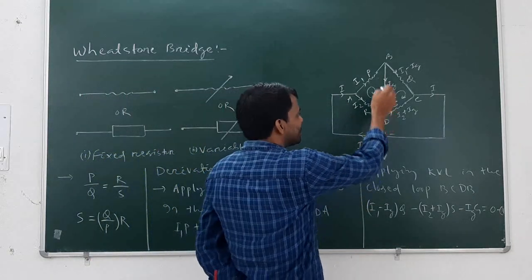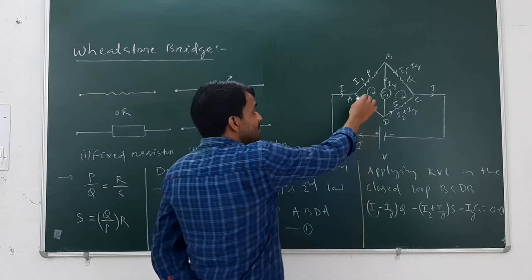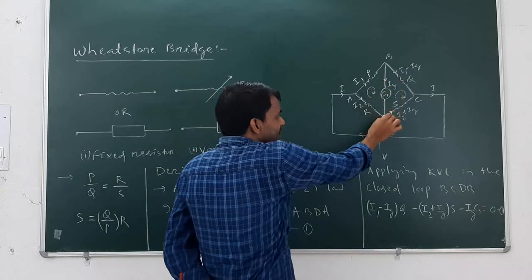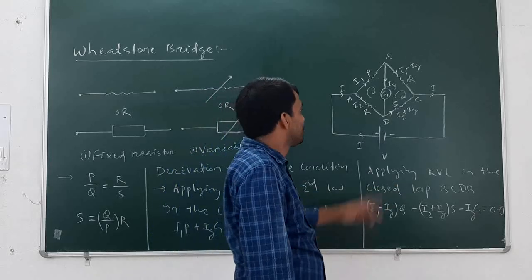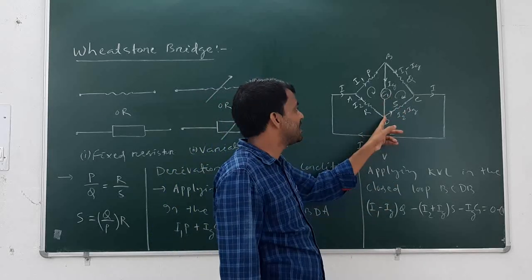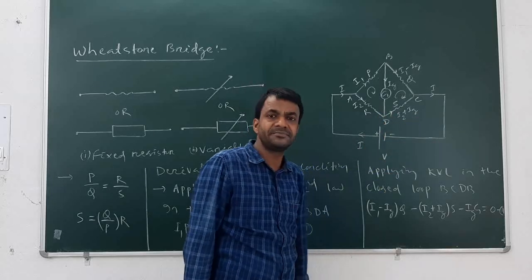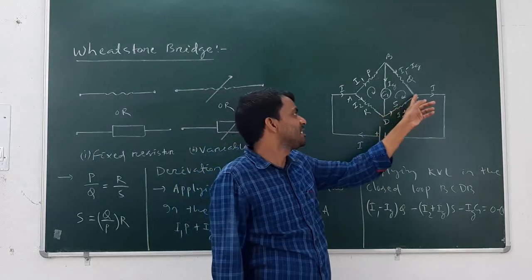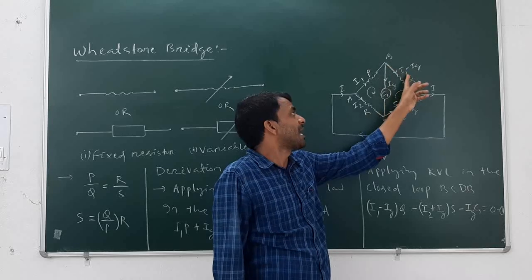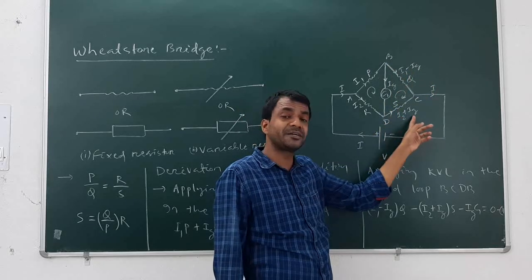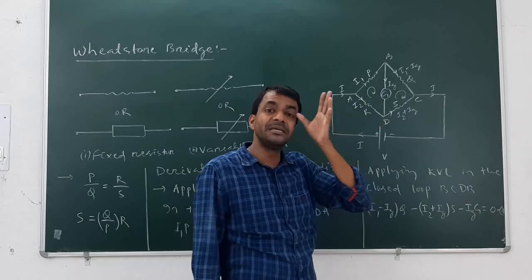Now comes to this branch. This is I2, the meeting current. IG is also a meeting current. Therefore the total current at the D junction becomes I2 plus IG. Now comes to C. Here I1 minus IG and I2 plus IG are the meeting currents and I is the leaving current.